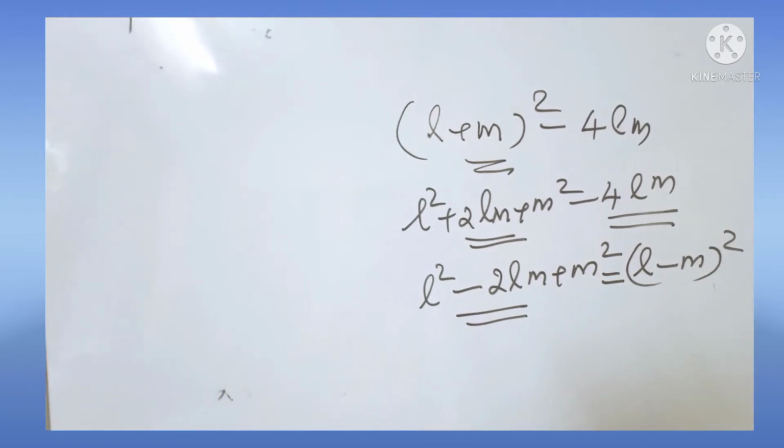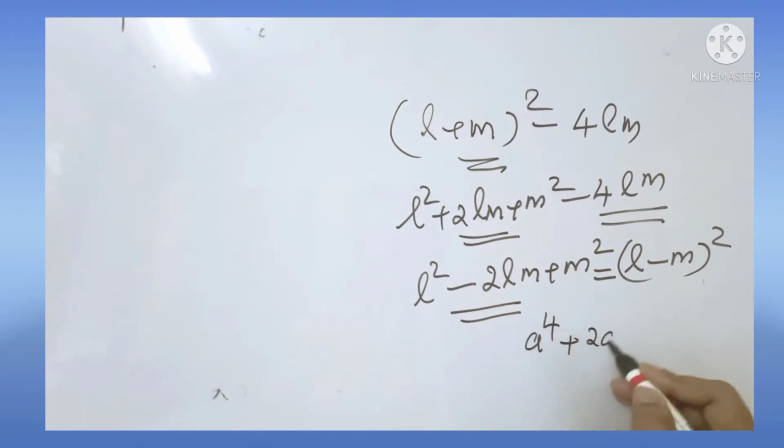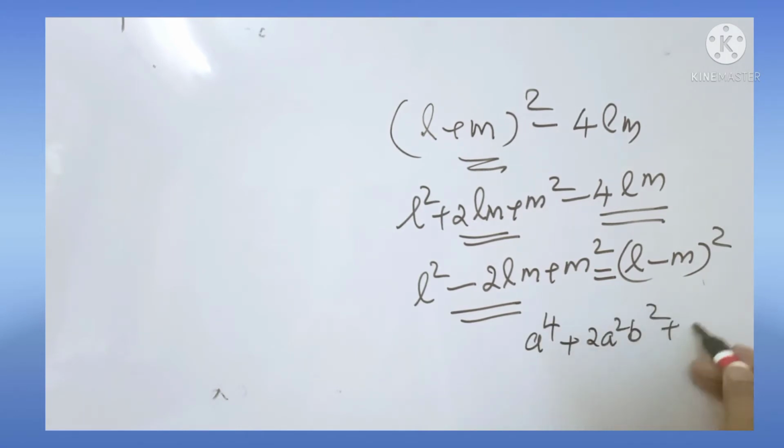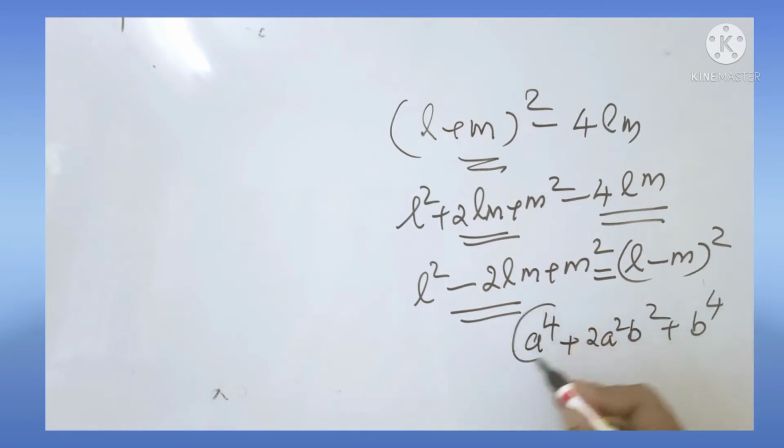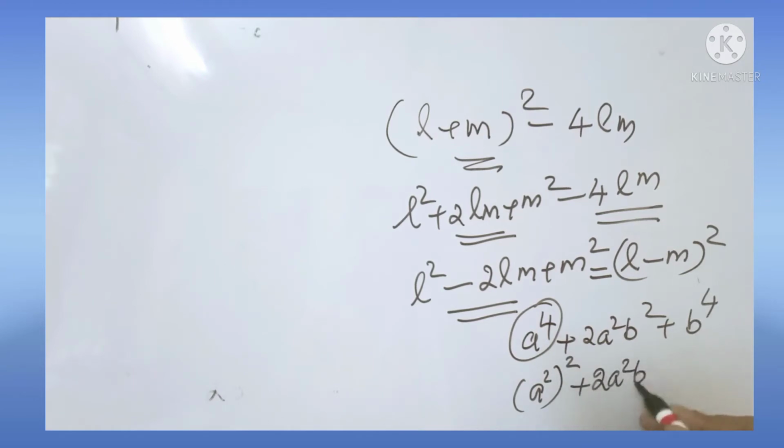The next one is a raised to 4 plus 2a square b square plus b raised to 4. Since a raised to 4 can be written as a square whole square, plus 2a square b square, plus b square whole square, we got the form of a square plus 2ab plus b square.